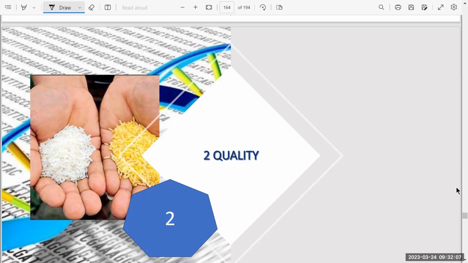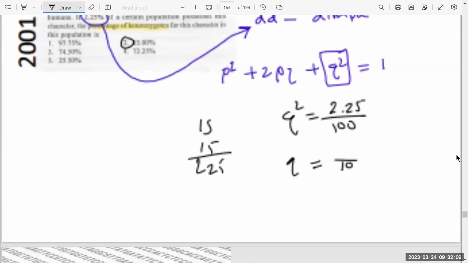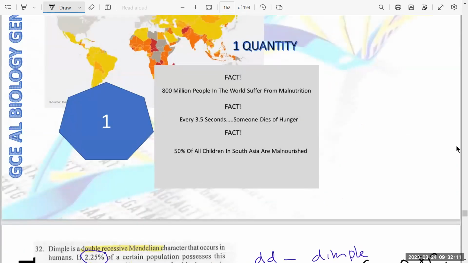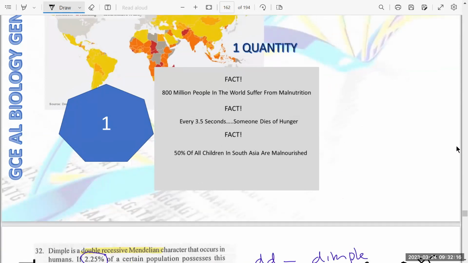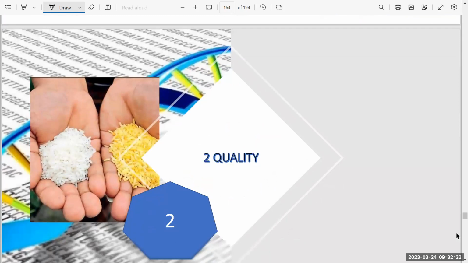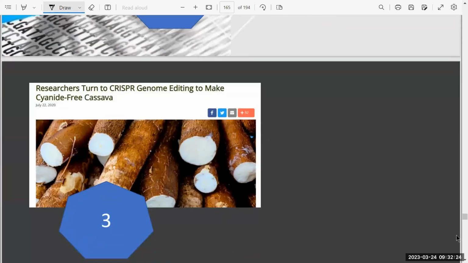And we discussed that we have several approaches. We can increase the quantity of the food, I mean the yield, and also we can maintain the quality of the food.